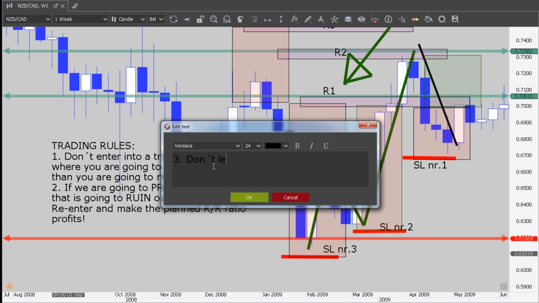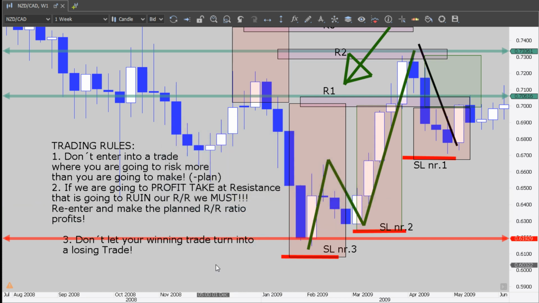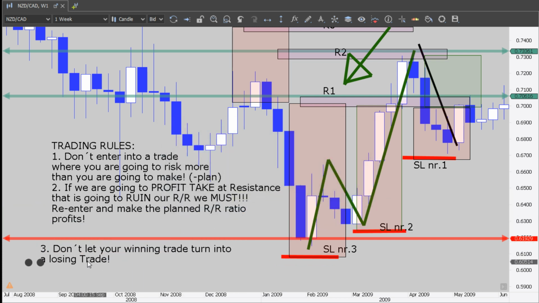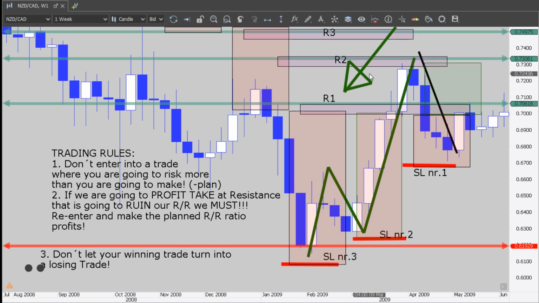Don't let your winning trade turn into a losing trade, right? So when we are trading an uptrend, everybody, on every time frame and every currency pair, we are going to encounter resistance for sure. And now we have a challenge. What should I do? Should I profit take, or should I wait and let the profits run?